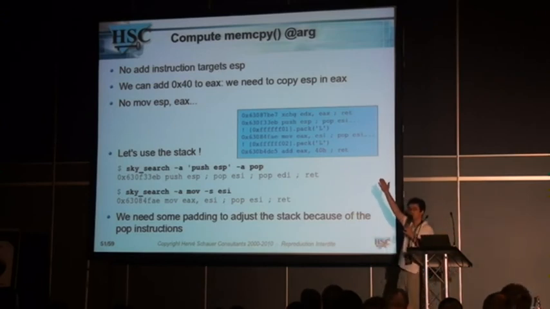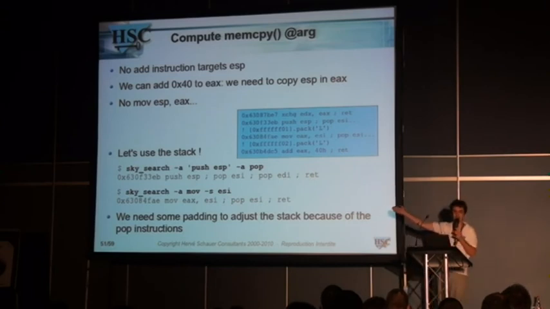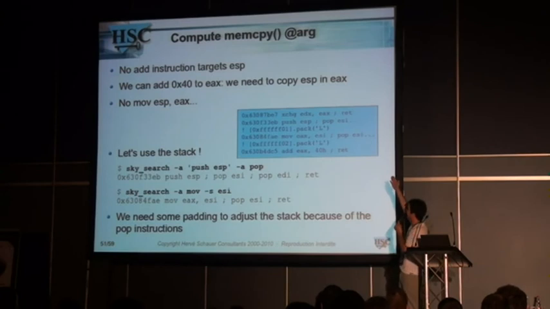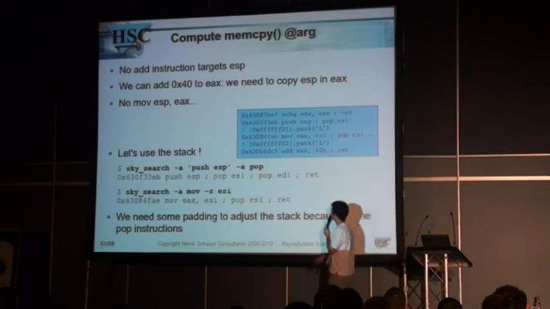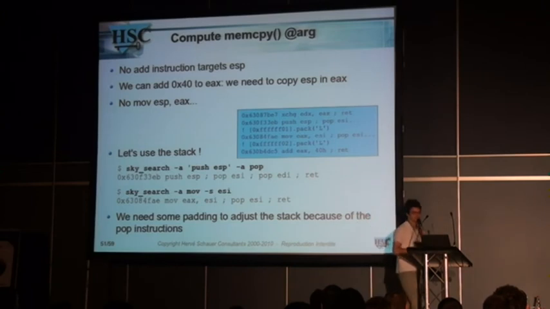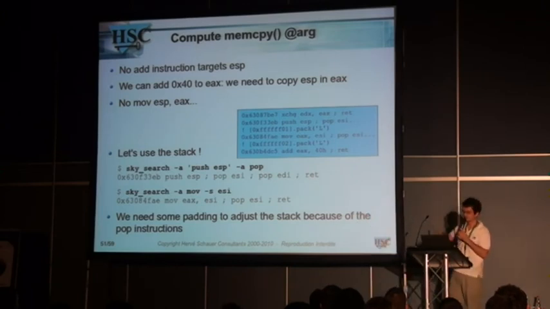Of course, if we can't write this gadget directly, we need to put some junk, some padding, between the instructions, since there is some parasite pop which will increase the ESP value.